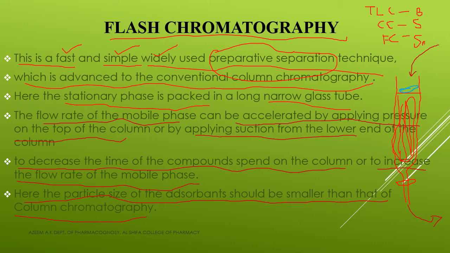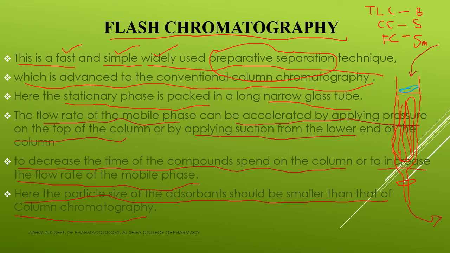That is, the particle size of the adsorbents which we are using in flash chromatography should be smaller than that of column chromatography. So flash chromatography is a fast and widely used simple technique, a preparative separation technique, and this is advanced over the conventional column chromatography.